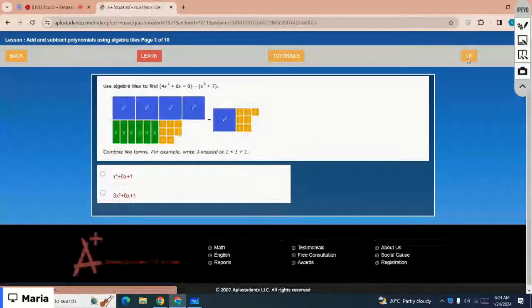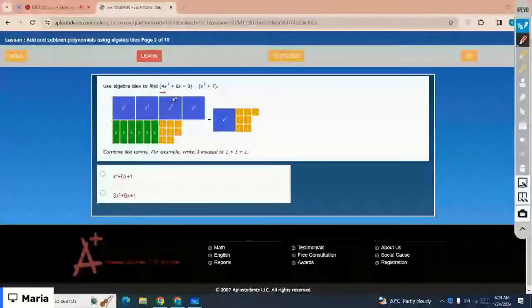You have 4x square, so you can cancel out the matching tiles and you're left with 3x square. Then here you don't have any expression with x, so write 6x as it is. 8 and 7, so 7 tiles can cancel out the 7 tiles and you're left with just 1. So that is 3x square plus 1.